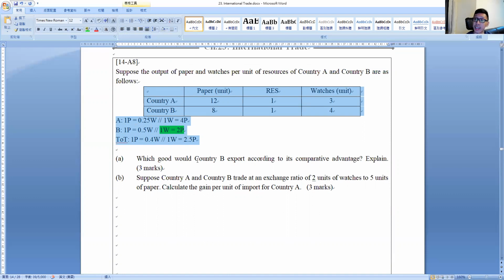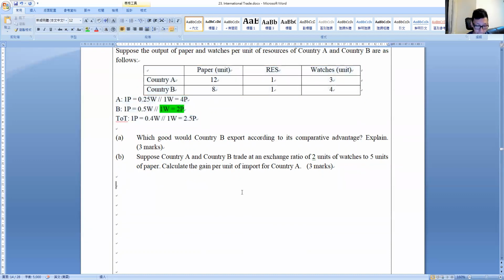For part A, the easiest way is to write down every single opportunity cost. We say country A's opportunity cost of producing one paper. We know the answer would be 0.25, right? But remember, show your working. How do you get 0.25?